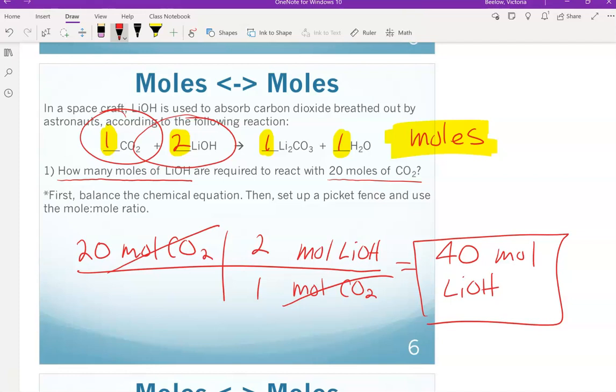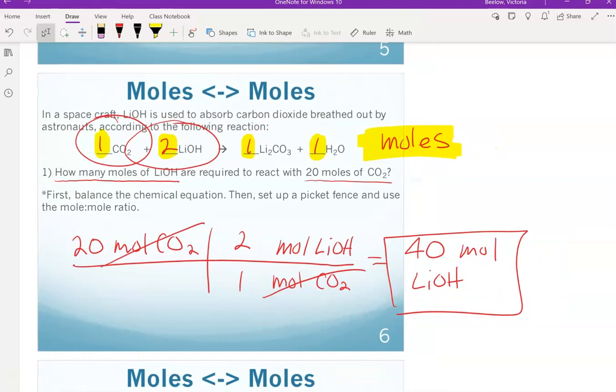Or if you're looking for a certain amount of product, how many reactants do you need in terms of moles or grams, and we'll get to that point eventually. So this is very important in science because this can help scientists predict the best ratio in order to get the best results for a particular reaction.